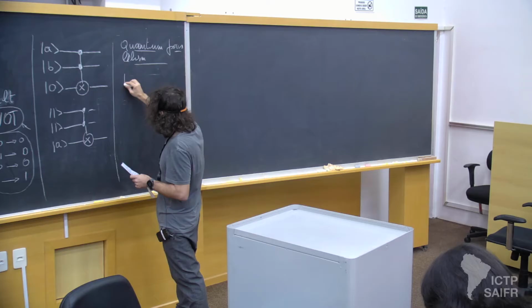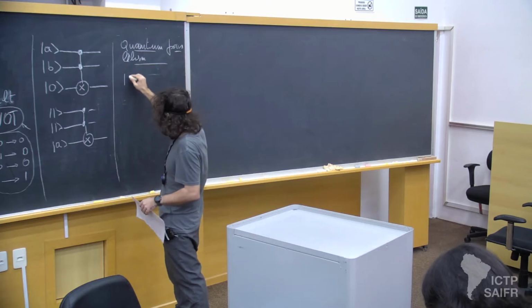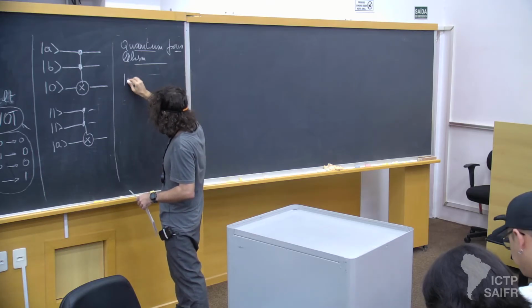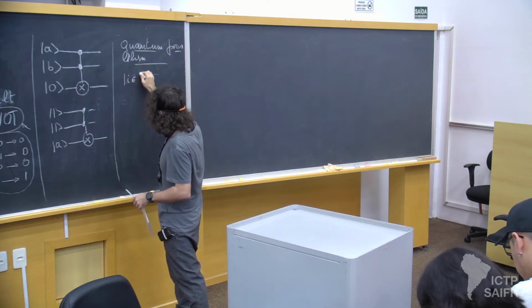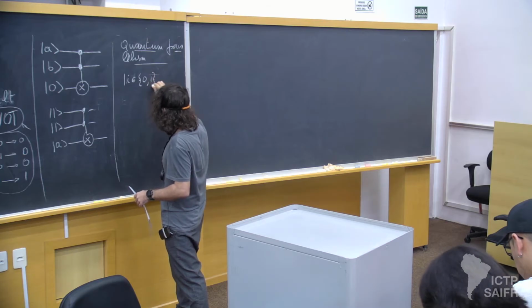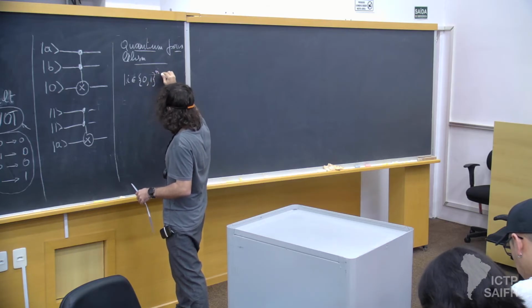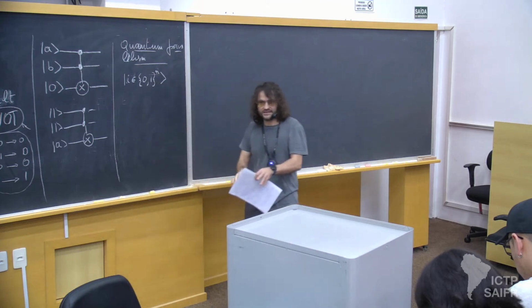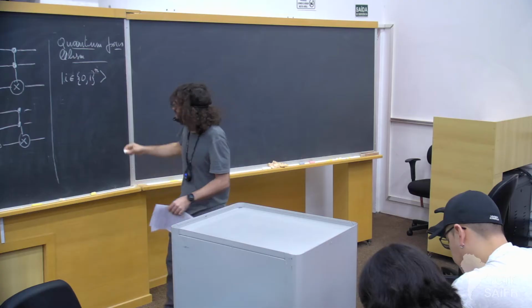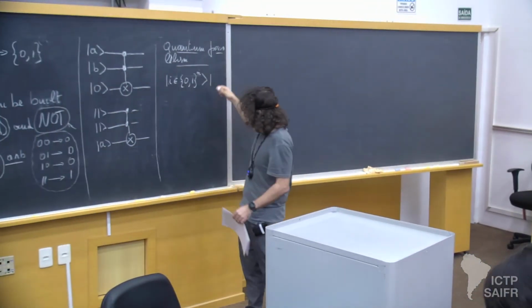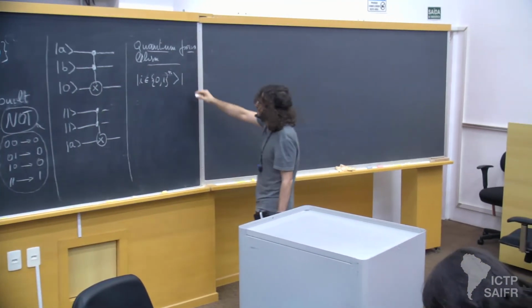We have two registers. We have a set of qubits that I call I, that can live in {0,1} to the power of n. So I have n qubits that can take any possible classical value. And here I put an extra register, an extra qubit, that I initialize to 0.